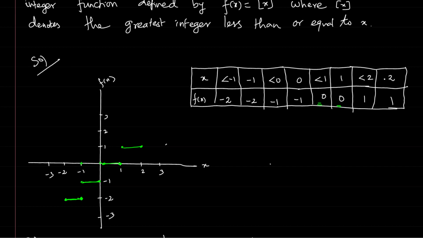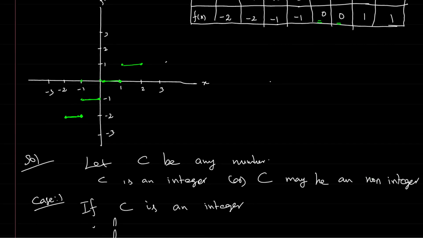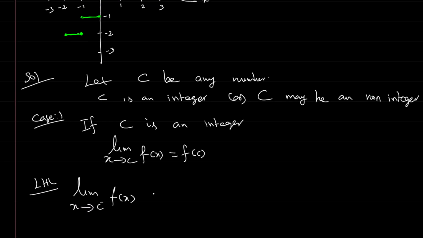For a value slightly less than 2, the function value is 1. Therefore, for a value slightly less than C, the function value will be C minus 1.